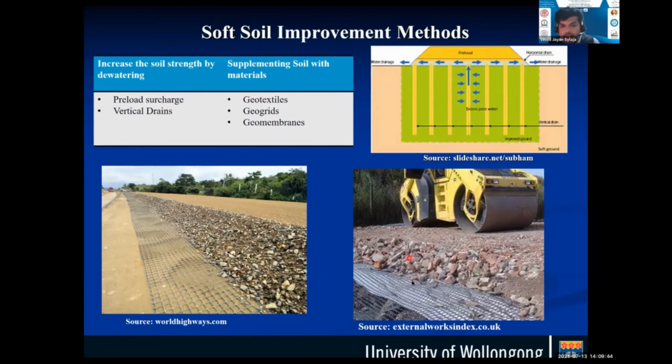And here you can see a combination of geogrid and geotextiles, which basically acts as reinforcement plus a dewatering technique. So you can see a combination of both has been applied here to mitigate, for example, the effect of mud pumping in the case of a railway track.